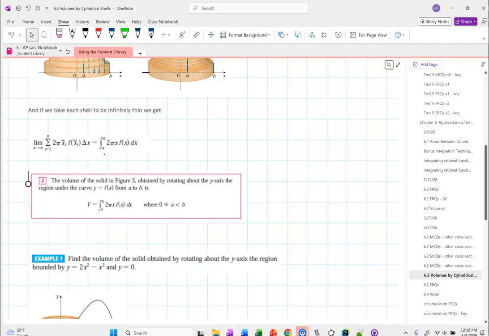So let's return to our original problem, where this is r, h, and delta r. Let's go back to that original problem we had at the start and use this new method to calculate our volume. Is that okay?